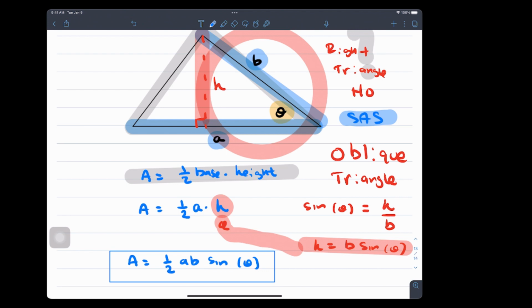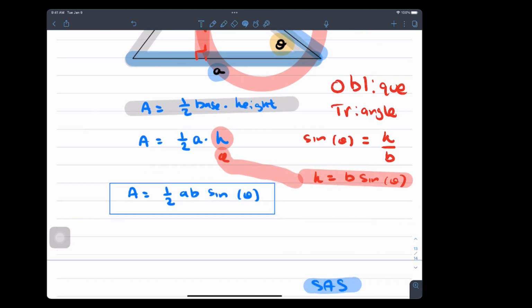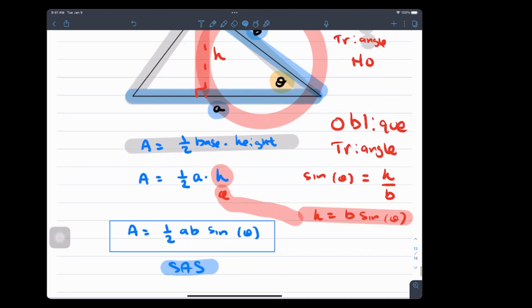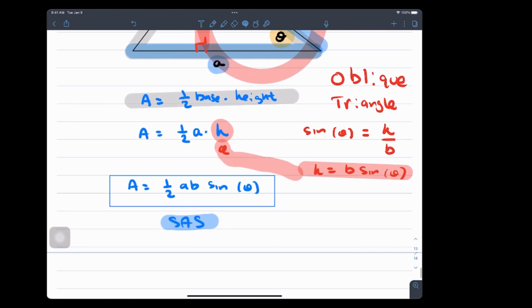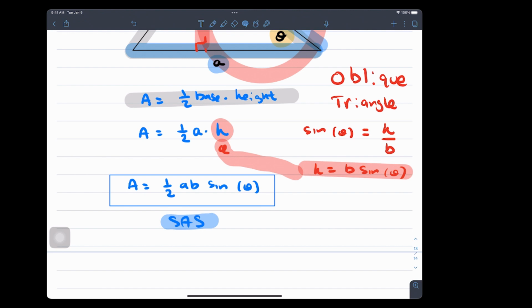But what you need is this information now. You're going to transition from the 1/2 base times height formula. Now, it's going to be simply 1/2 AB sine theta.